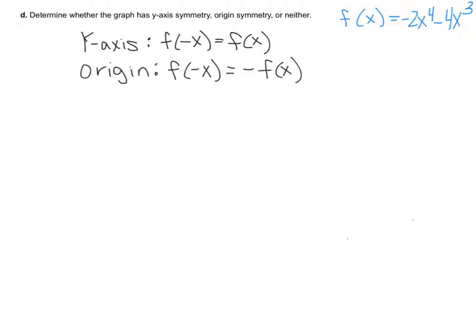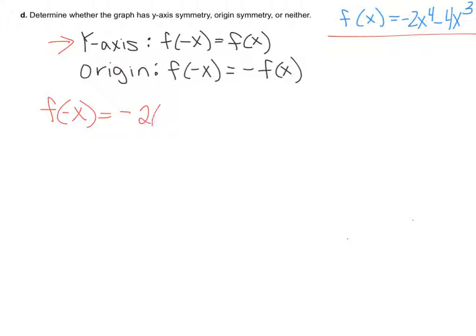Determine whether the graph has y-axis symmetry, origin symmetry, or neither. Graphs have y-axis symmetry if f of x equals f of negative x. So to test this, we're going to first find f of negative x. And f of x is written up in the right corner, and we're just going to replace x with negative x wherever we see an x in the original function.